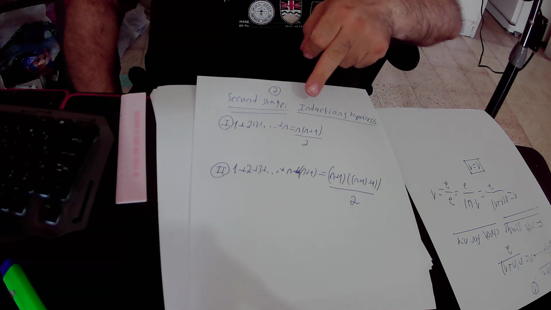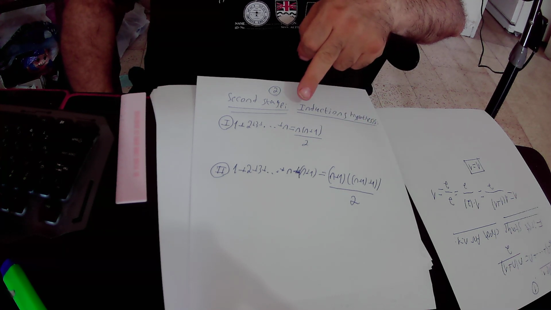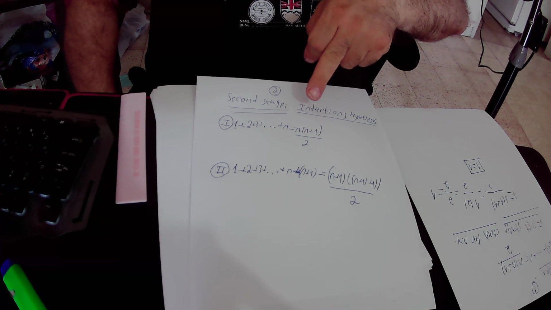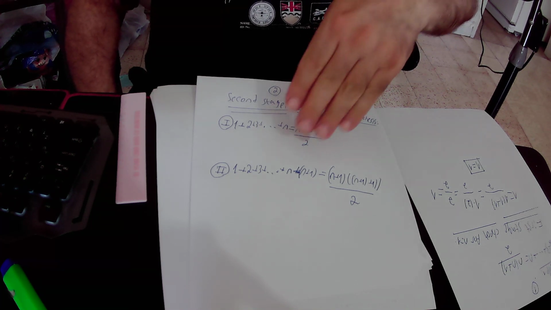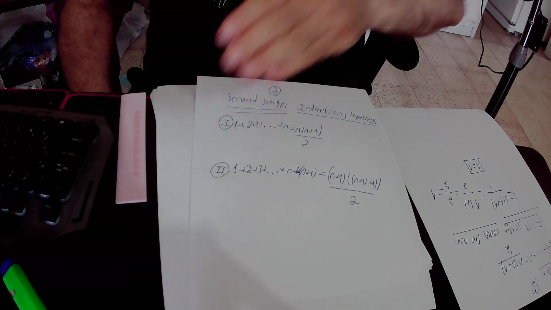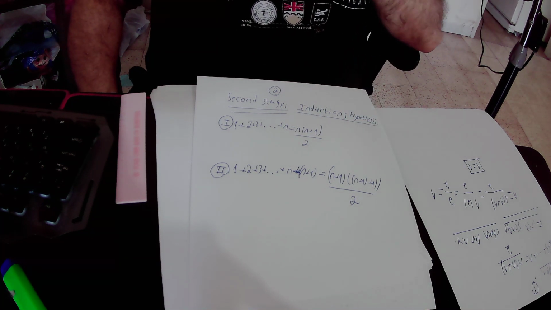As I already said, we substituted n by n plus 1. Wherever n was written in the original statement, we wrote n plus 1, because this expression is for n plus 1. And we have to prove that this expression for n plus 1 is true.